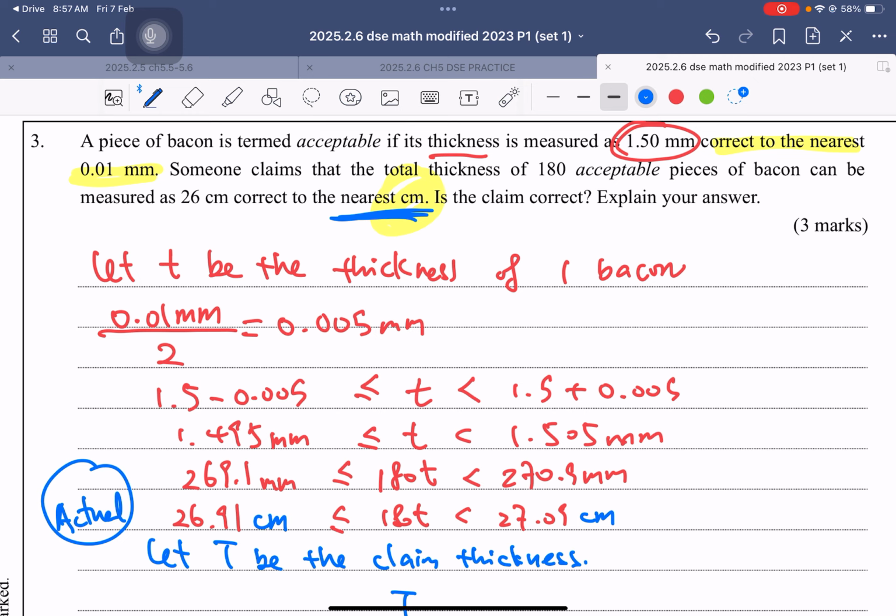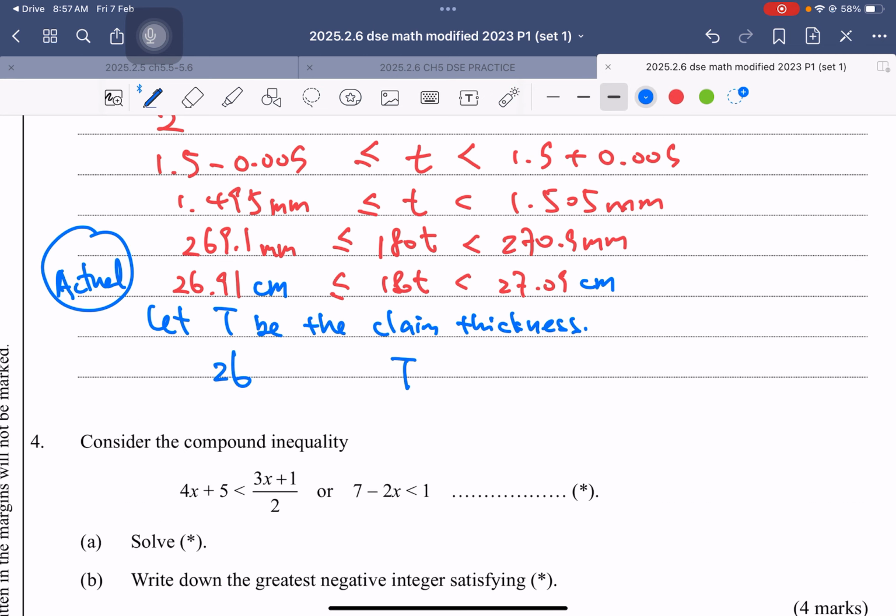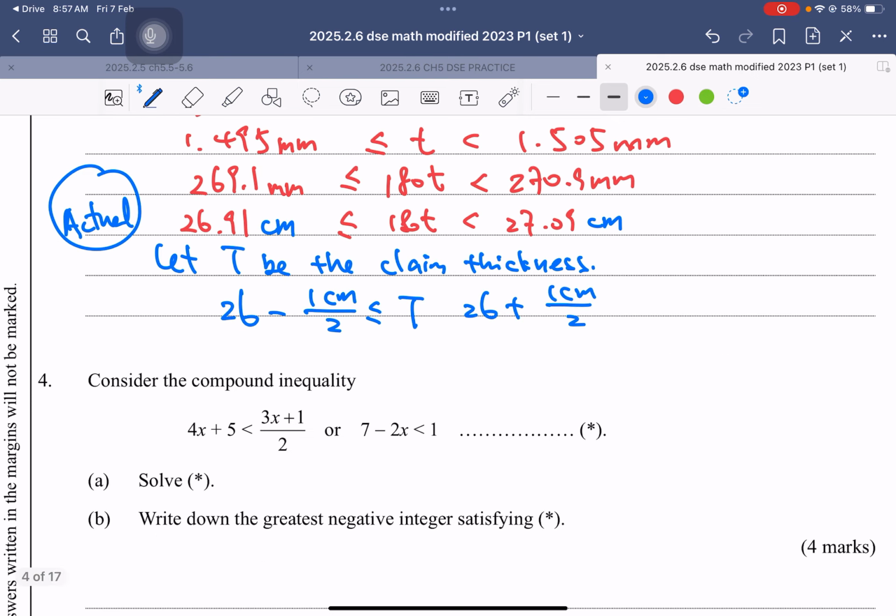So cm means it's 1 cm. If there's no number, then that means 1. When you see the keyword corrected to something, then you need to divide this number by 2. So I have 26 minus 1 cm divided by 2 smaller or equal to T smaller than 26 plus 1 cm divided by 2. Then what I have is 25.5 cm smaller or equal to T smaller than 26.5 cm. So that's what they claim.